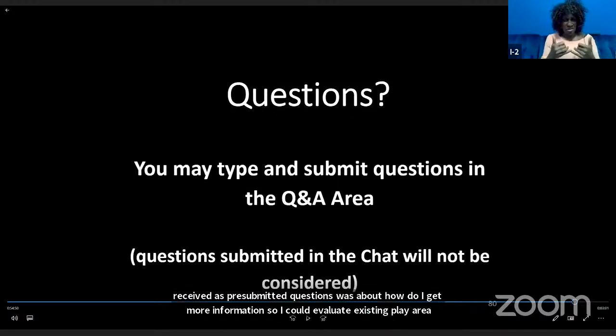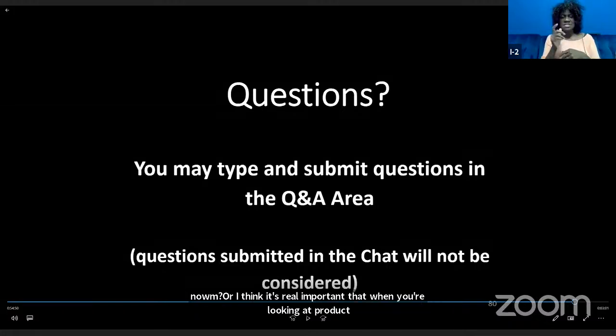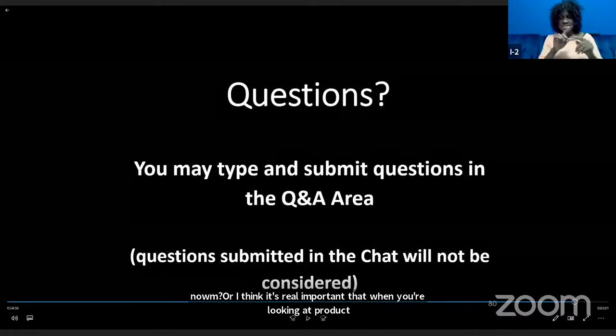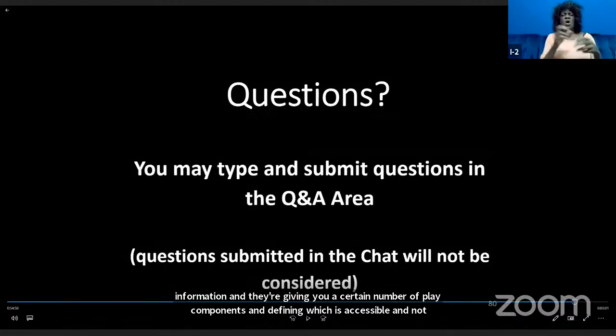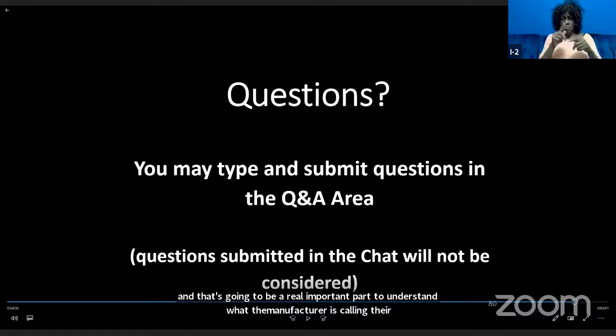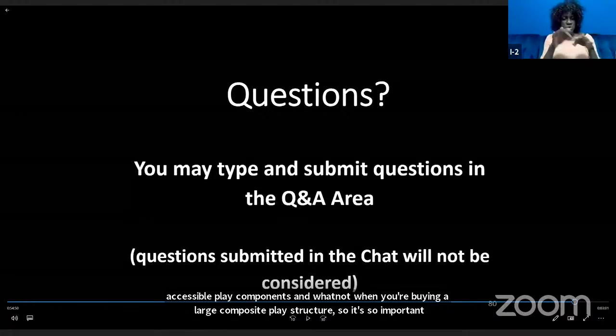I think it's real important that when you're looking at product information and they're giving you a certain number of play components and defining which is accessible and not, that's going to be a real important part, to understand what the manufacturer is calling their accessible play components when you're buying a large composite play structure.